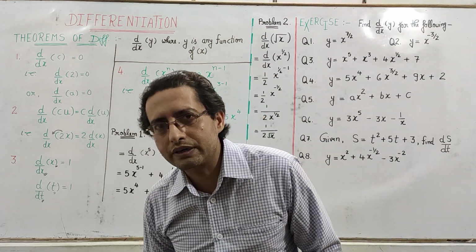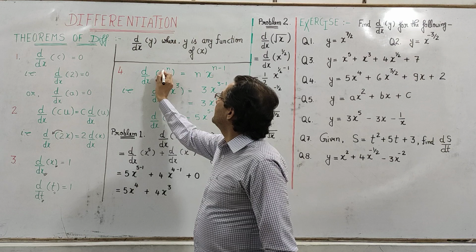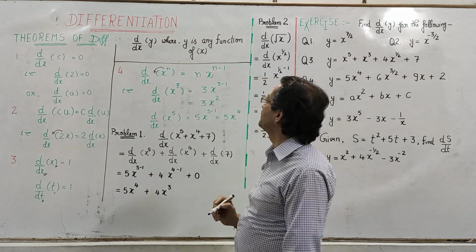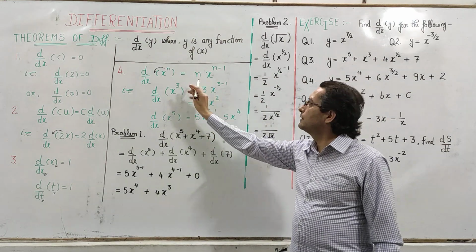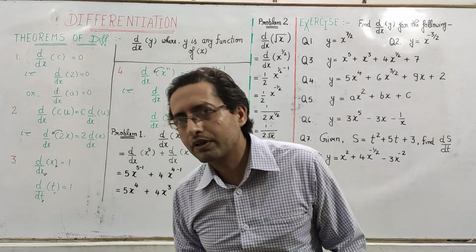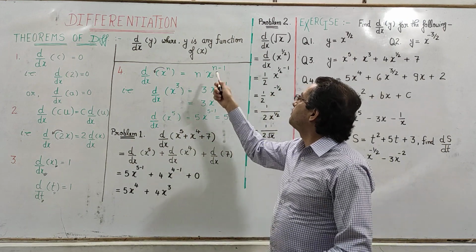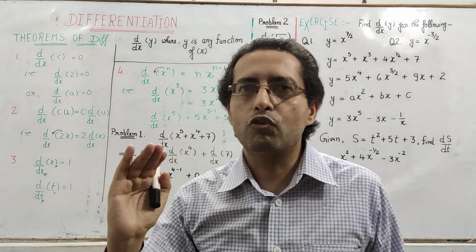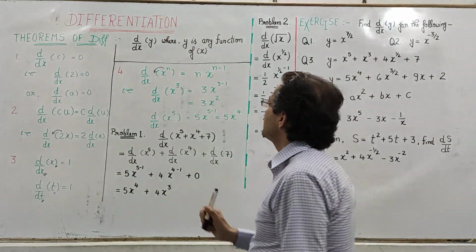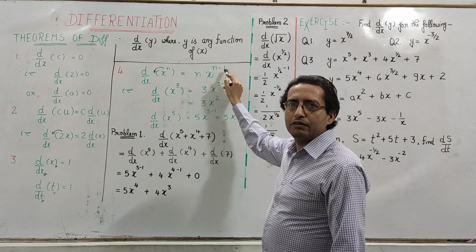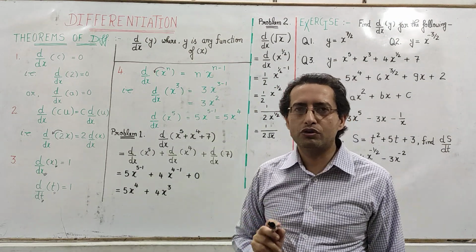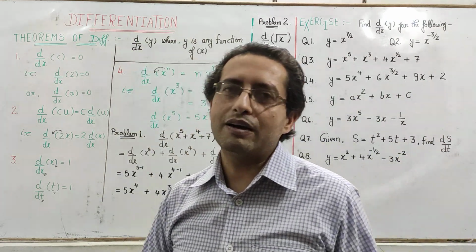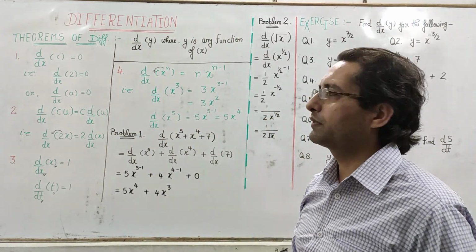One thing you can note down here: n, which is the power, is brought to the front in the form of a multiple, and the power is reduced by 1, so it becomes nx power n minus 1. So what is the formula of d over dx x power n? It becomes nx power n minus 1.